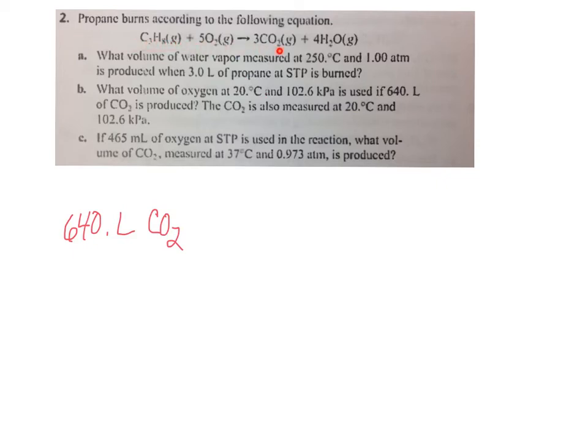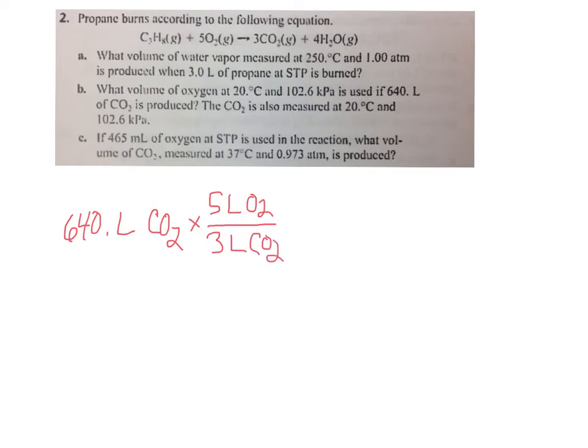So this is a special step. It's not on our mole diagram. It requires a little bit of reasoning. But all you have to say is 5 liters of O2 on the top for every 3 liters of CO2. And you can only do this because the conditions are the same.